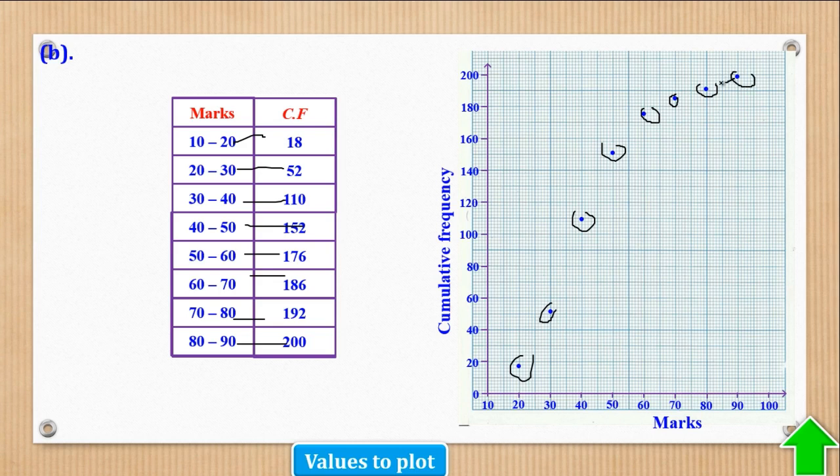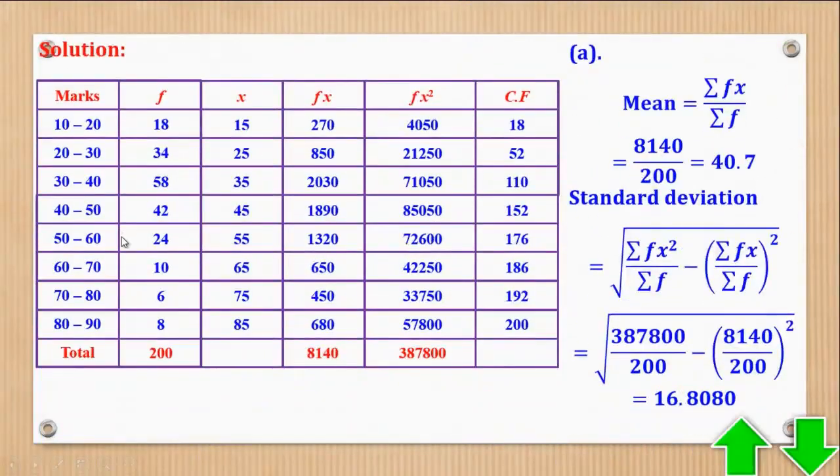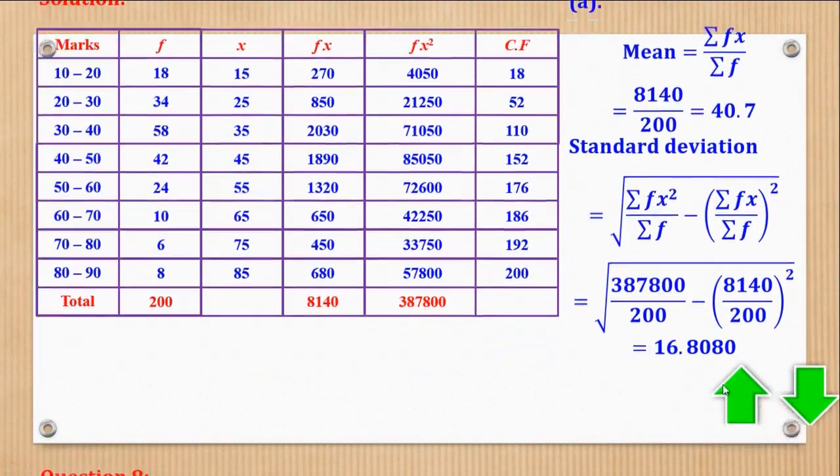So you have to draw a reasonably smooth curve through all these points, and the curve should not be left hanging, so it's extended up to the origin. So let's do that. Okay, so we have drawn an ogive. Then we shall go and see what they asked.